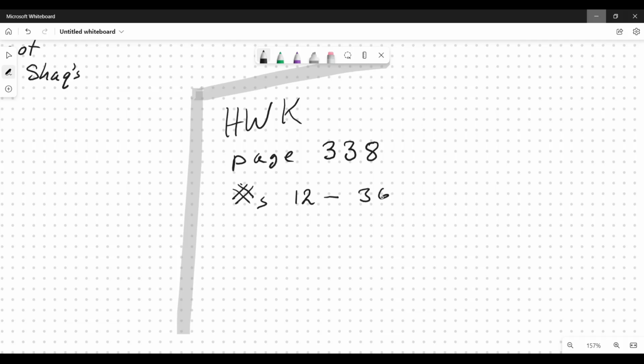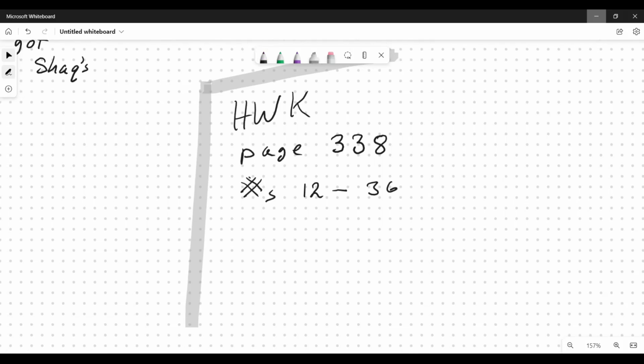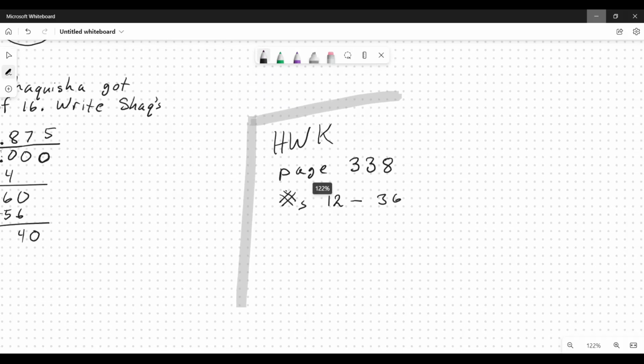Y'all are going to love 36. 36 evens. I really like 36. It's a great problem. It is not listed as a hot problem, but y'all might think it's kind of hot. So I did mean to write evens. Yeah, 36 is a nice problem. It's a good one. You're going to love it.